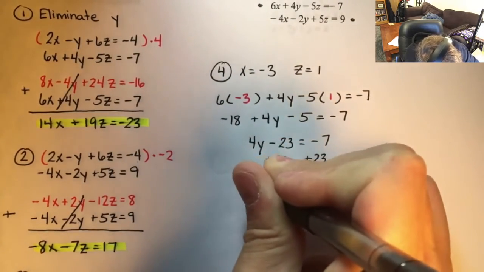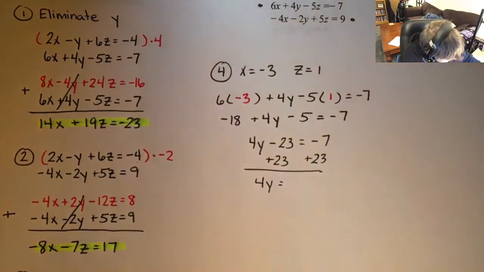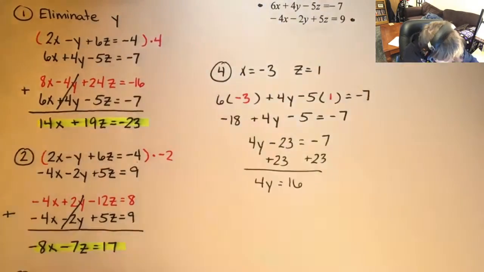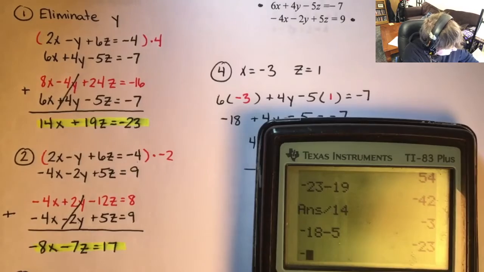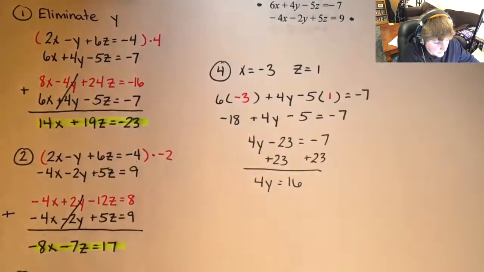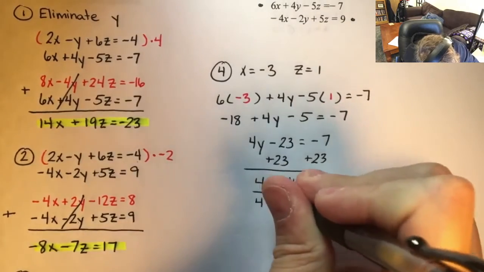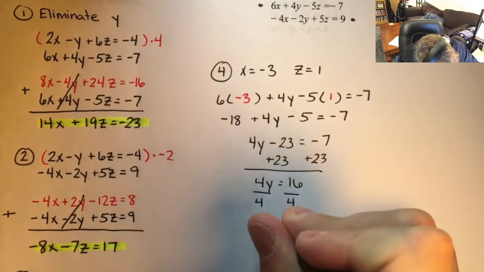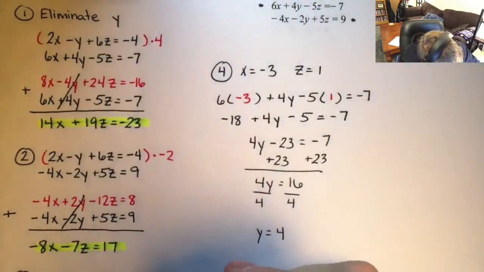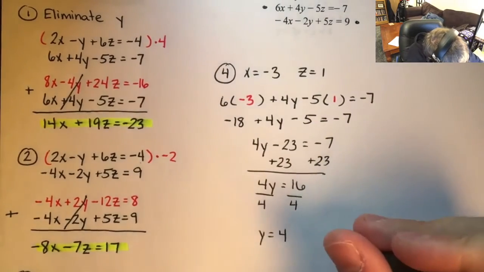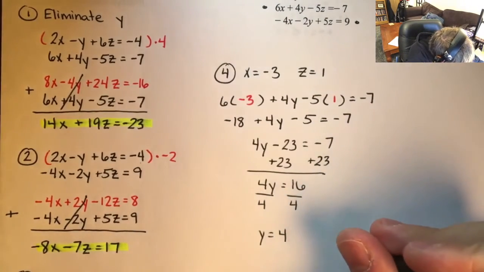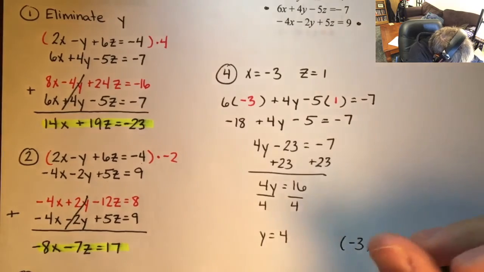I believe this is 16, but let's double check. Okay, and then divide by 4. So what does that mean? That means I'm really confident that I have an ordered triple, negative 3, 4, 1.